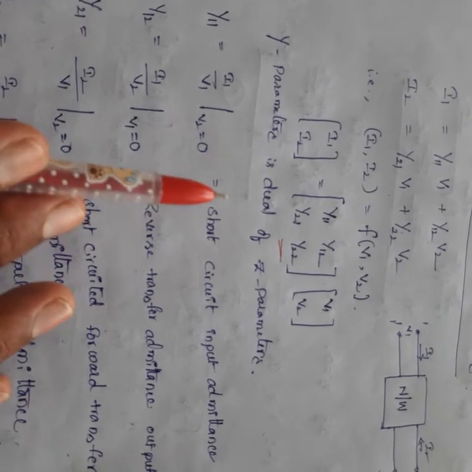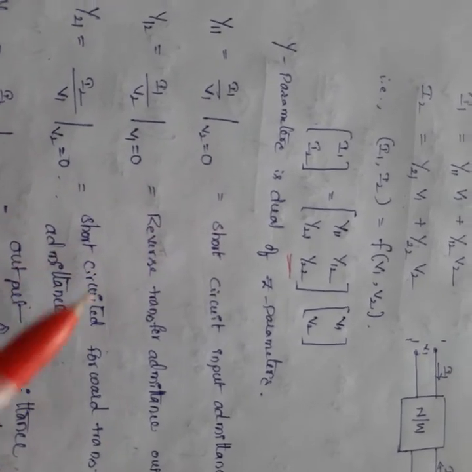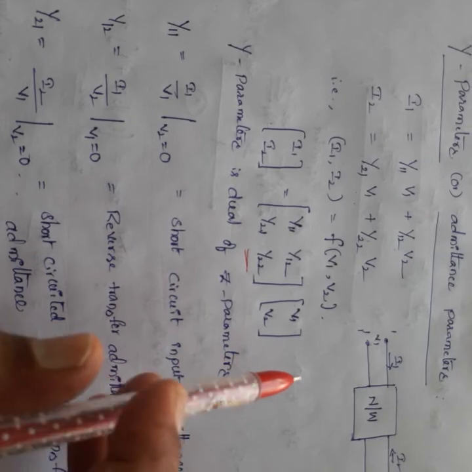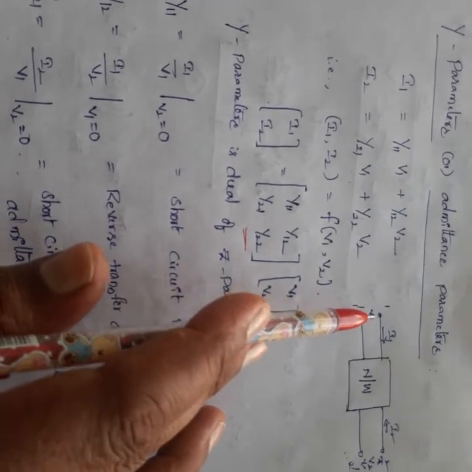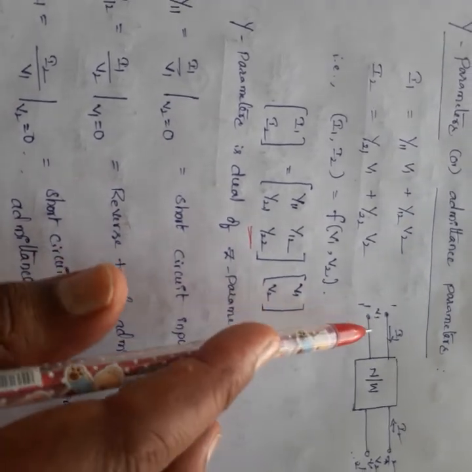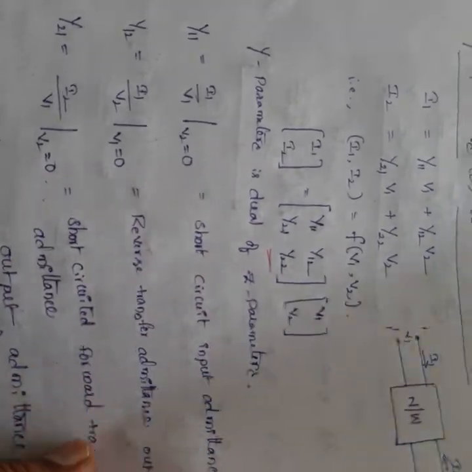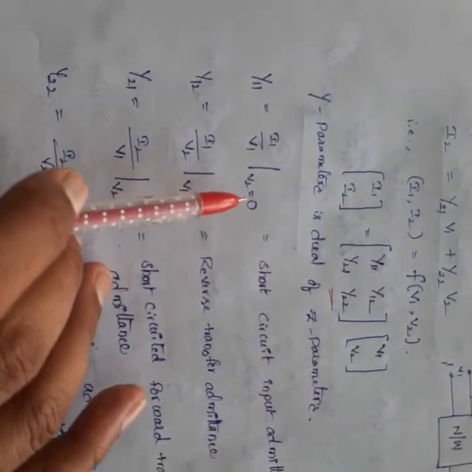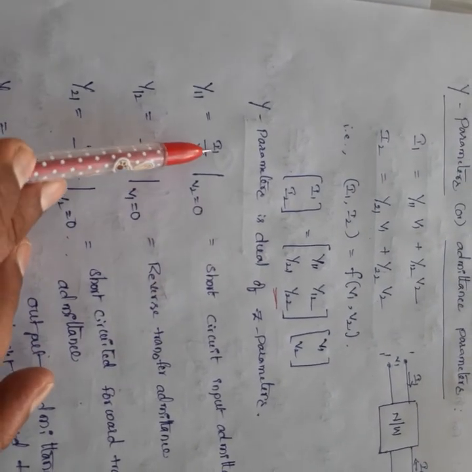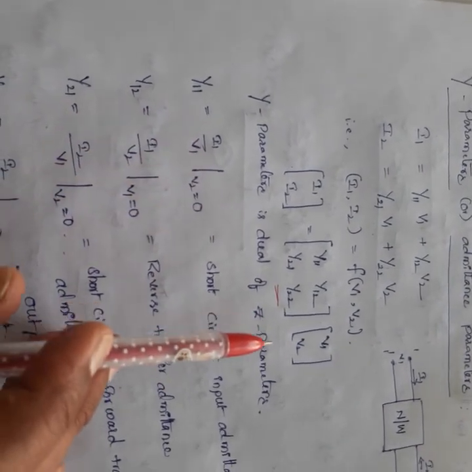Similarly, for the second case, V1 equals 0. V1 equals 0 means the input terminals 1-1' are short circuited. In the first equation, I1 equals Y12 V2.